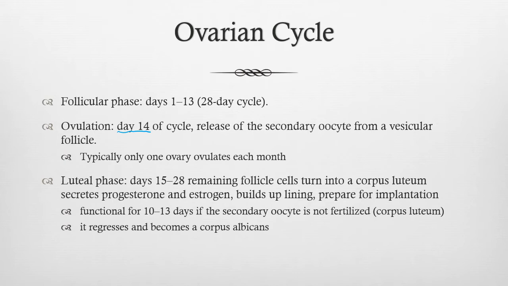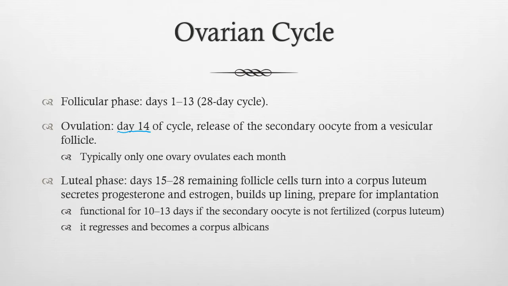On the first day of menstruation, the ovary begins the process of maturing that final follicle for ovulation. At about day 14, we see ovulation occur. Usually only one ovary is going to ovulate, and only a single oocyte from that one ovary. If there's the chance for more than one ovulation during that cycle, then there's the potential for fraternal twins.